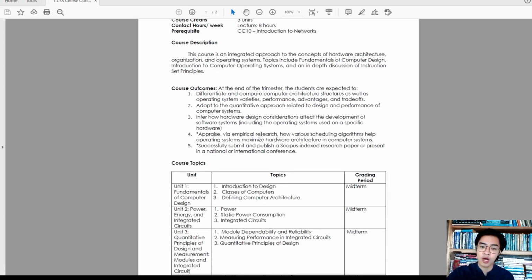These are the different outcomes. Now, there are 2 outcomes here that I marked with an asterisk, which means that I'm not going to require this from you. I usually require this from all CCS5 classes, including last year. But since we're in a pandemic and the mode of delivery is online, I decided to not go through with your course project, which is supposed to be an international or national publication.